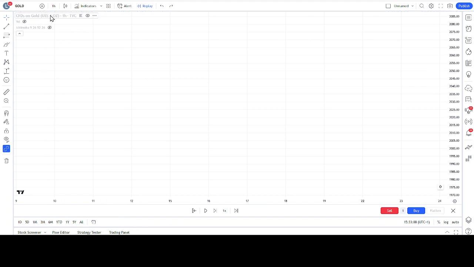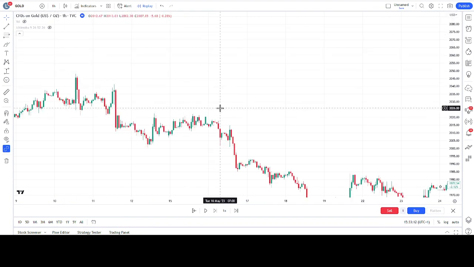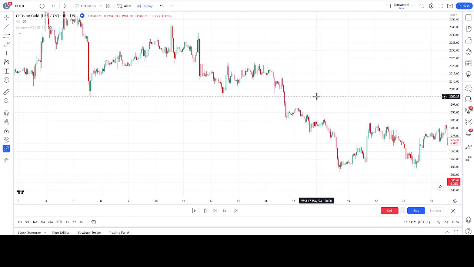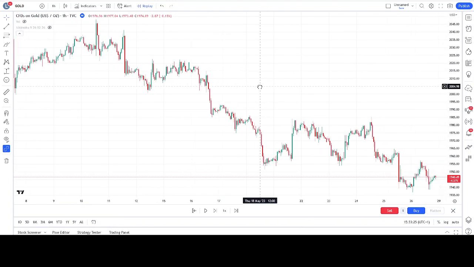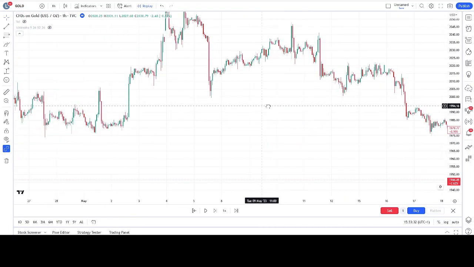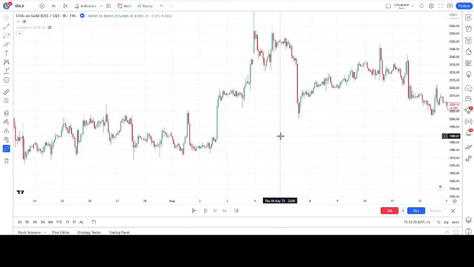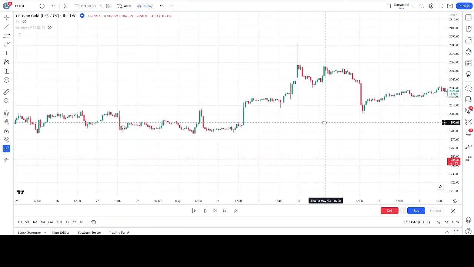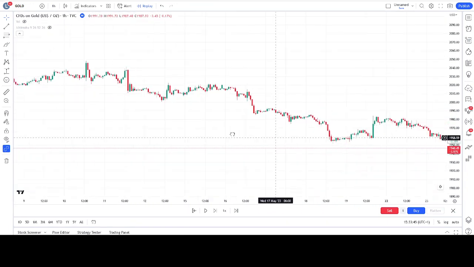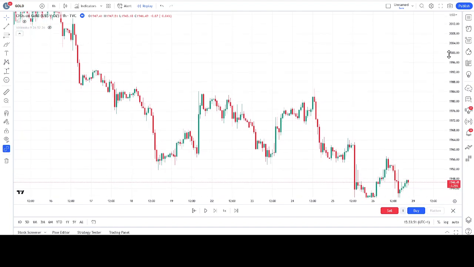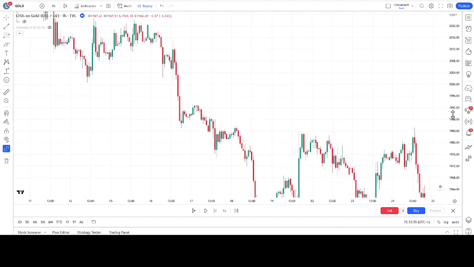Okay, now we have the chart of gold here, and let me see if I can see a pattern here. Okay, I can see a chart pattern, a bearish flag pattern here.